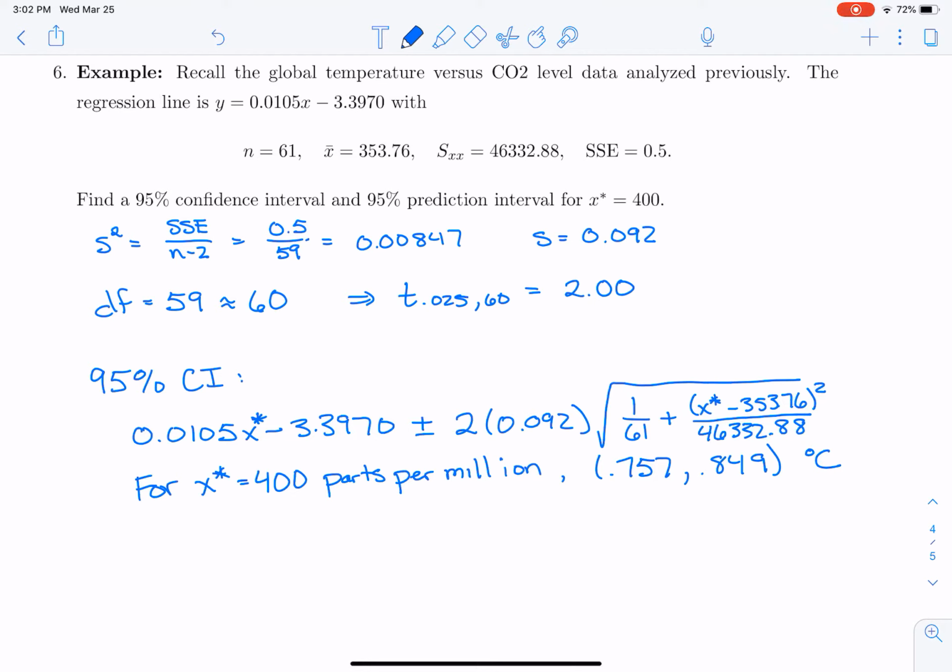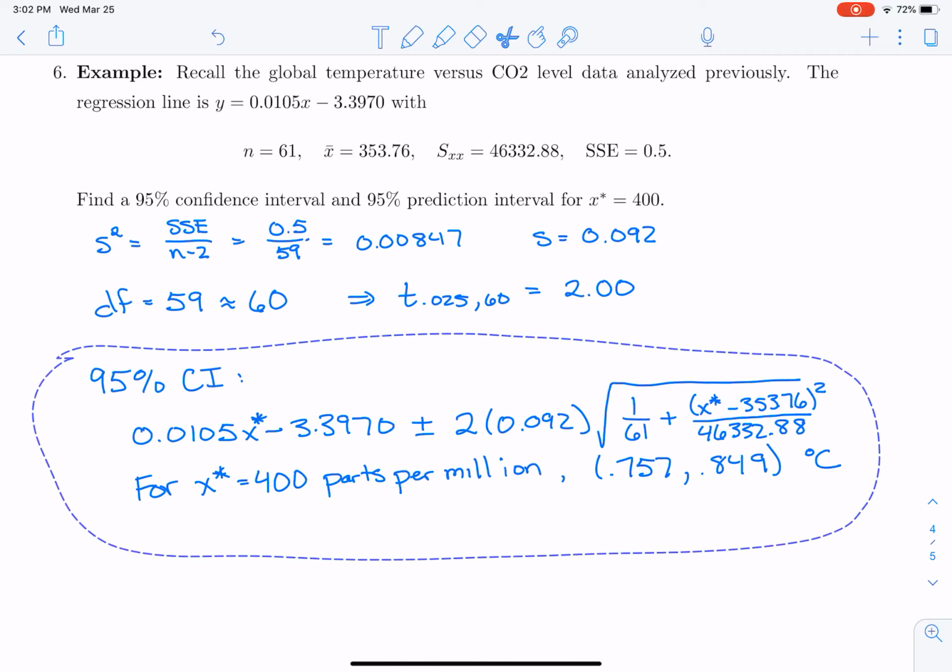So the idea is when we have 400 parts per million of CO2 in the atmosphere, we're 95% confident that the mean temperature change is going to be between 0.757 degrees Celsius and 0.849 degrees Celsius. And that's our interpretation of the confidence interval for the mean.